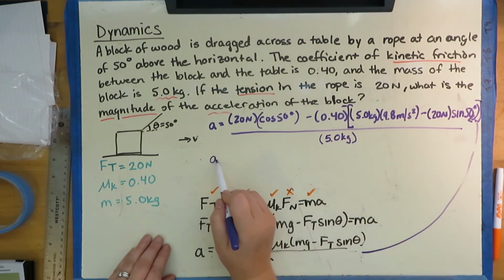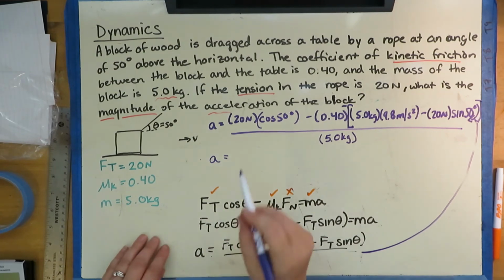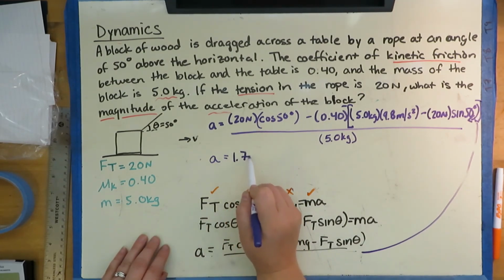And then if you plug it into your calculator, it comes out to be 1.7 meters per second squared.